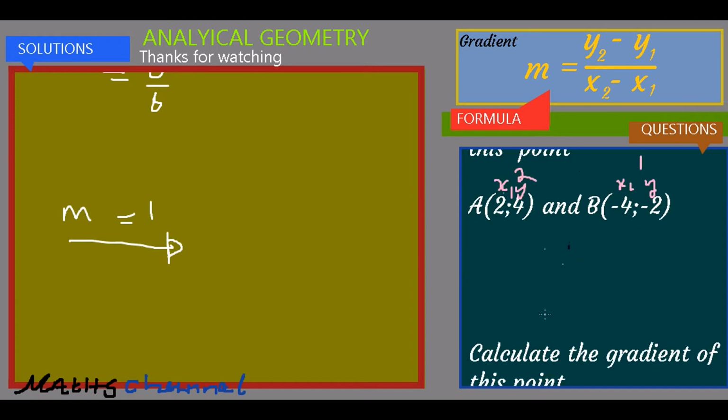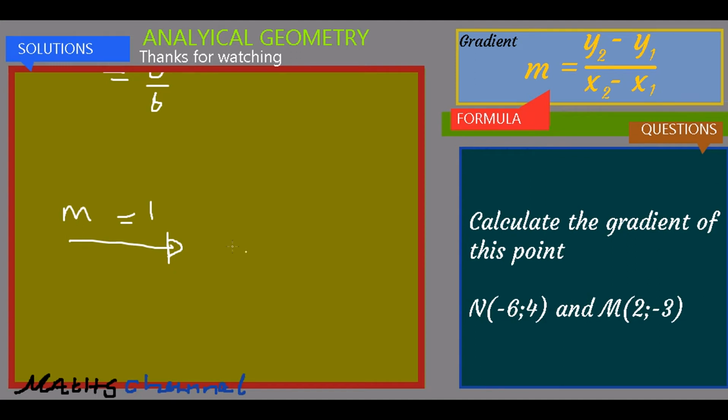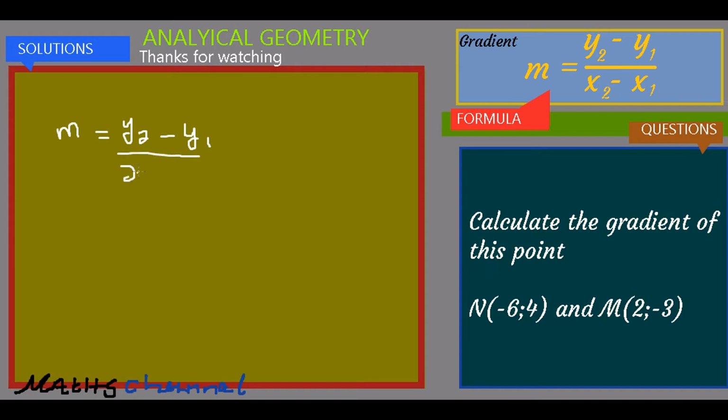Let's look at the next question. So in these equations the gradients are different. There's a negative gradient, there's a positive gradient. So let's check this one. x and y.